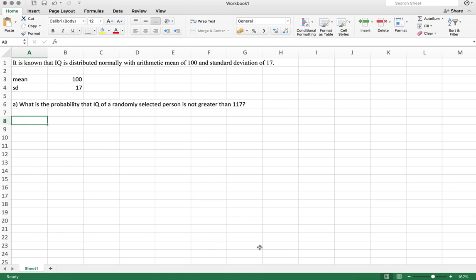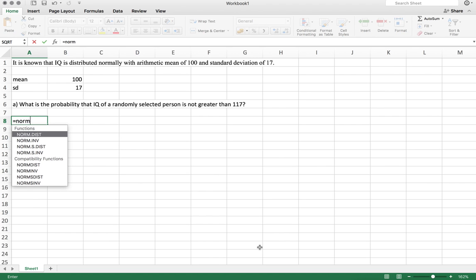The area under the curve is given by the cumulative function, which we get if we write in Excel NORM for normal distribution. Newer Excels, the ones that came out after the year 2010, have these functions as NORM dot something.